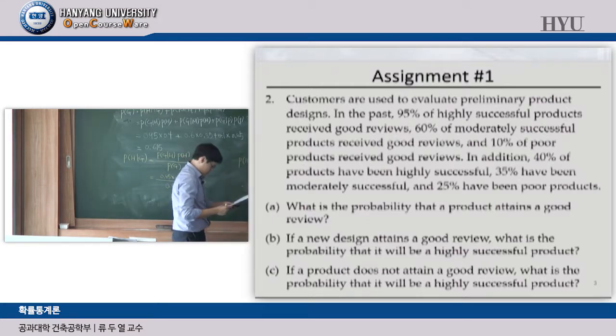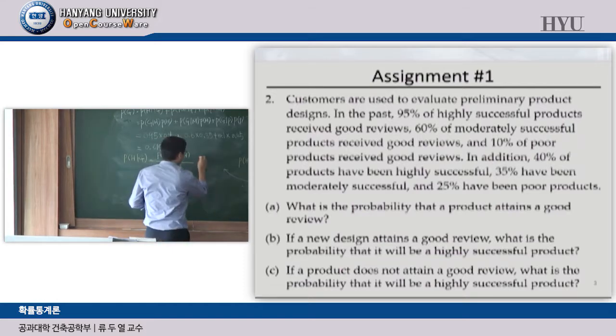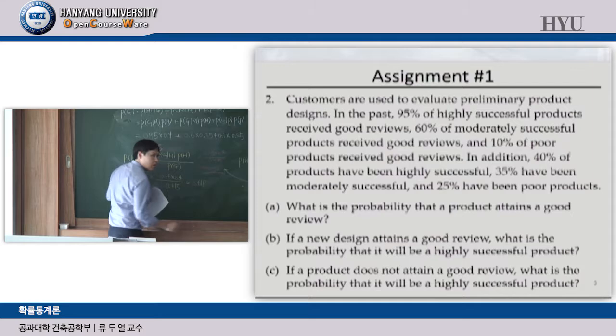So this will be 0.05 multiplied by 0.4 over 0.385. The answer will be 0.052, okay?